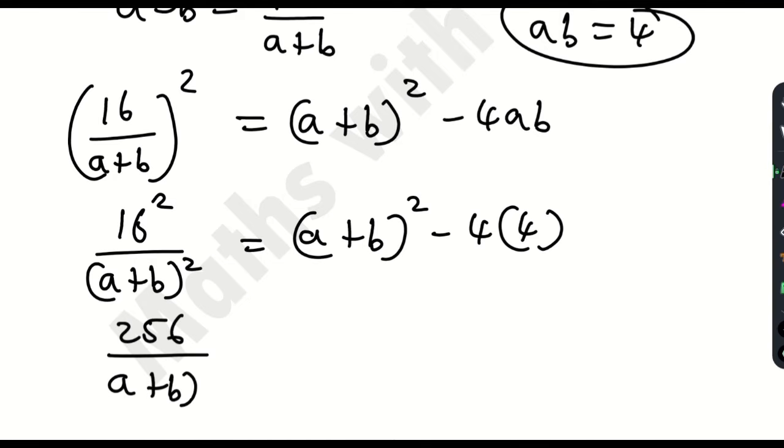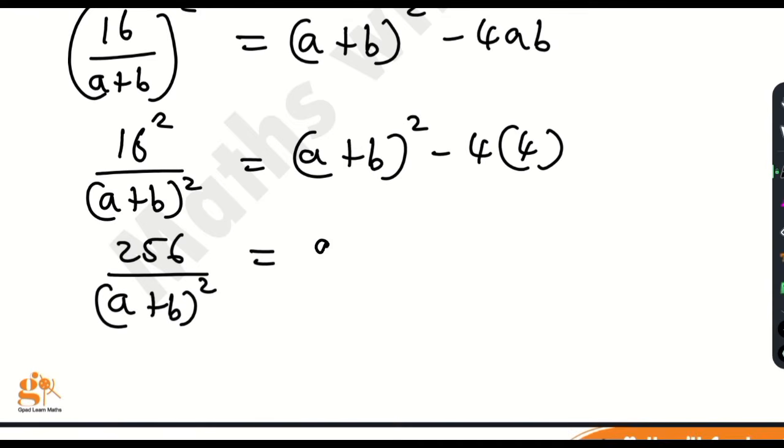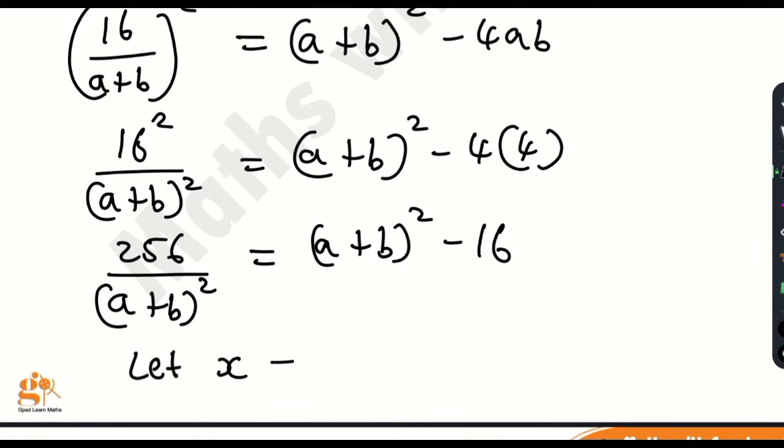Then we have that this is all divided by (a + b)², is equal to (a + b)² minus 16. Now, to make this equation simpler, we can assign a variable and make it equal to (a + b)². So we can use x equal to (a + b)².